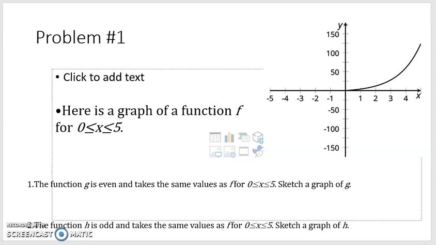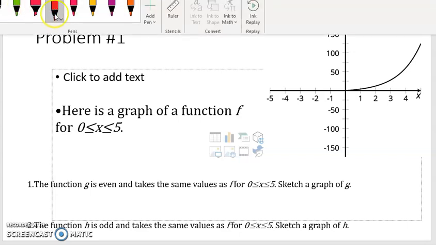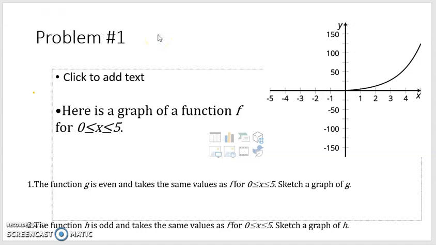So problem number one, what you see is that we have a graph that goes from 0 to 5. One of the elements that we need to talk about is if the graph is odd or even. Question number one asks us to show how the graph will respond if it is an even graph. Even when we put a negative in for the x, or flip it, we end up retaining the same y value.